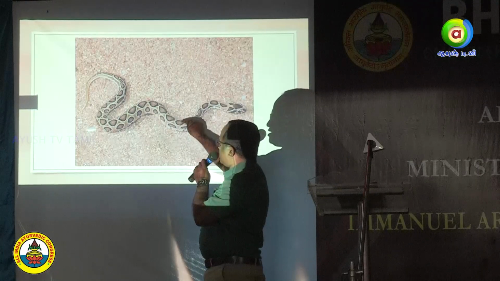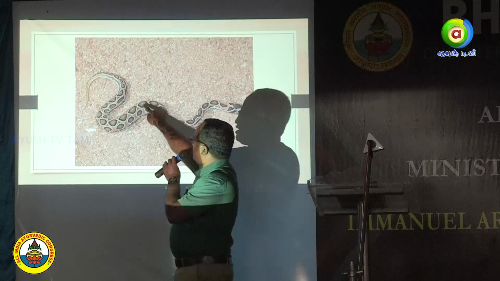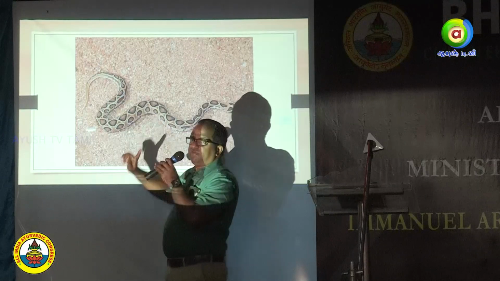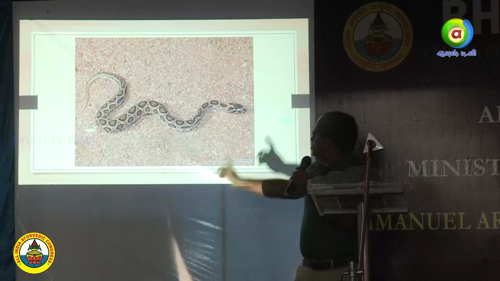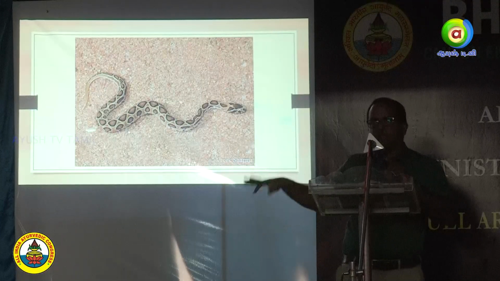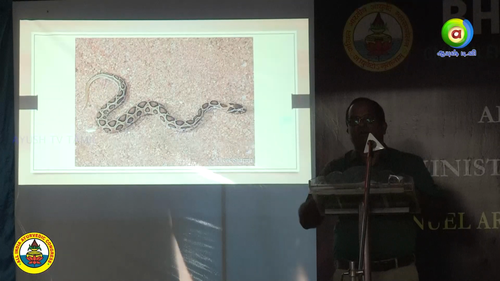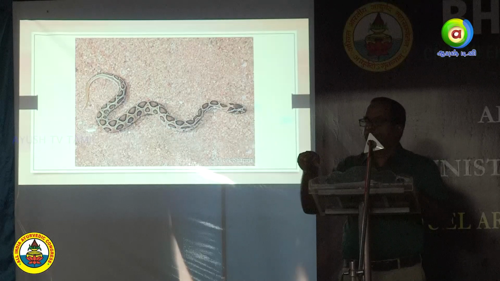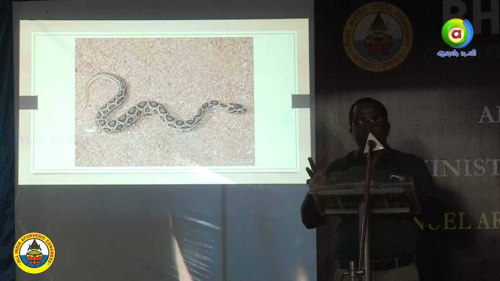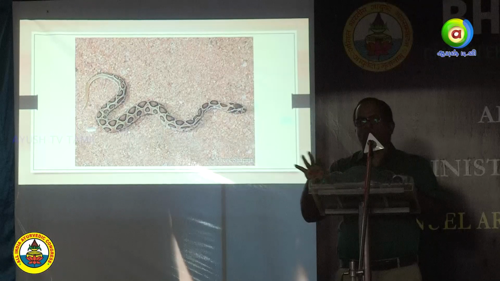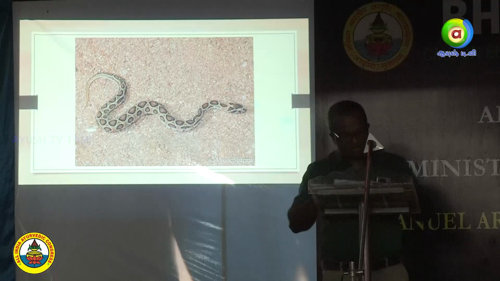It ends with the connection. So the patches have a connection. In the python, there won't be any connection. There will be patches, but there won't be any connection in between.